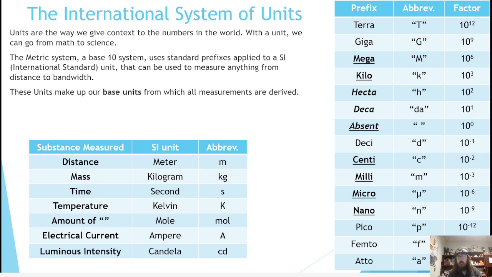If I'm going larger, deca, hecto, and kilo make up the first 3 factors. From there, it jumps by factors of 3, and we tend not to give a prefix for 10,000 or 100,000.